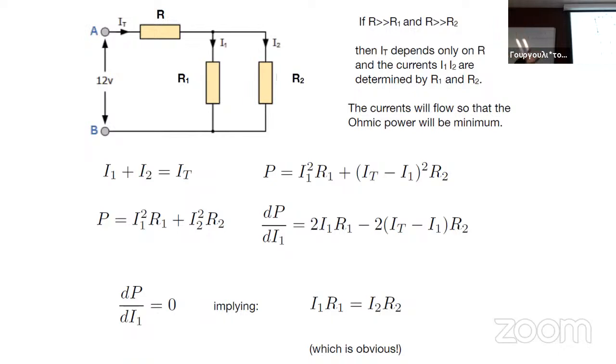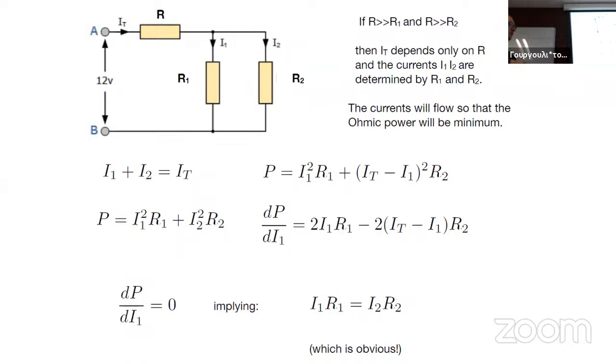Now, if the capital R, without index, is much higher than R1 and R2, then the total current will be mostly sensitive to the value of this R and less sensitive to the values of R1 and R2. But I1 and I2 will depend on R1 and R2.